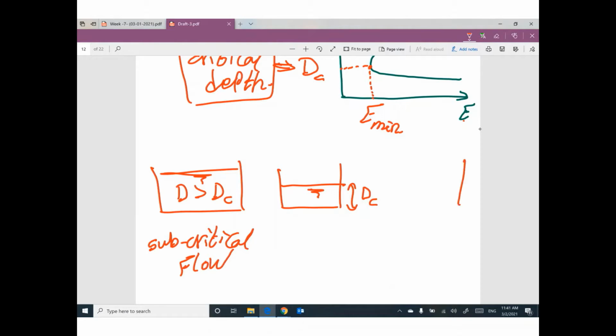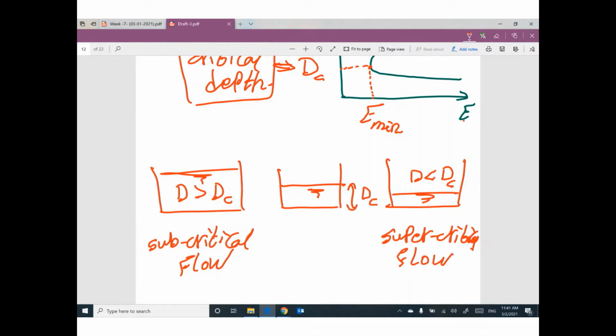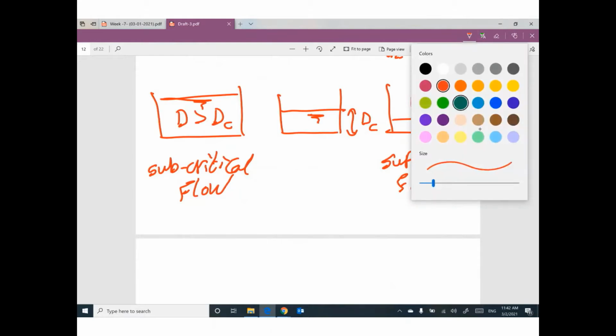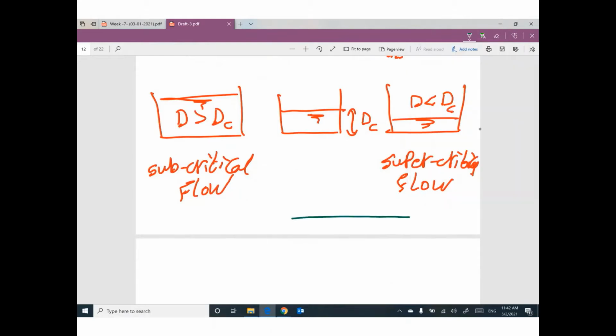If the depth in the channel is smaller than critical depth, that means it will be supercritical flow. If you have a transition from supercritical to subcritical, you have to expect something here called hydraulic jump.